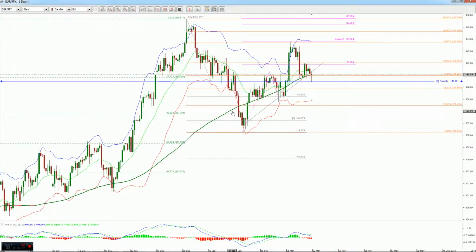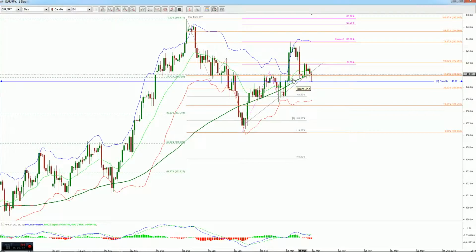The issue is that the market has a moving average 100 in this area. The market was not able to break through this moving average 100, and sometimes traders consider it still as an upward trend as long as it's above the moving average 100.